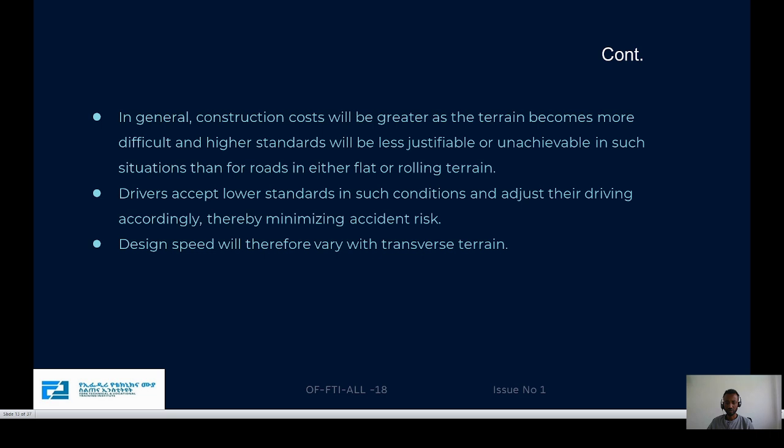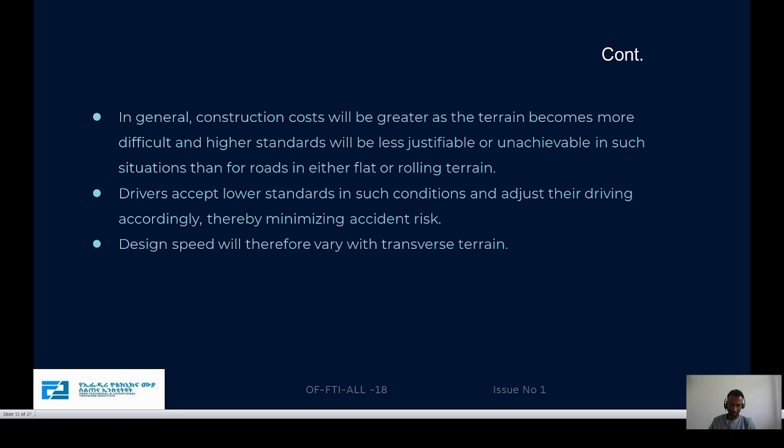High standards will be difficult, less justifiable or unachievable in such situations. Drivers also accept low standards in such conditions and adjust their driving accordingly, minimizing accidents. The geometry becomes steeper, and the sight distance and horizontal curves are restricted.